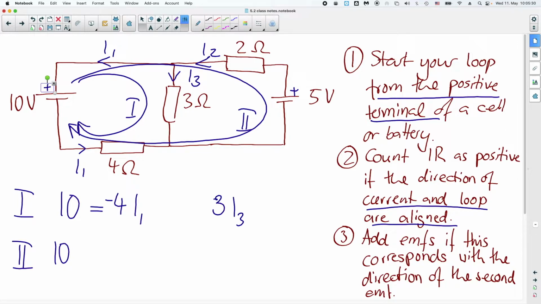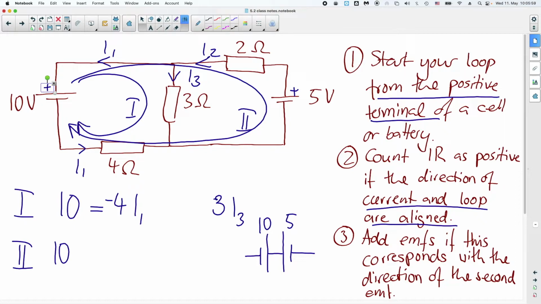However, if you were to move this 5 volt source towards the 10 volt source, and let me draw that here, you see that I'm leaving the positive end of the first source, and then I'm facing the positive end of the 5 volt source. This is like putting the cells into your torch.